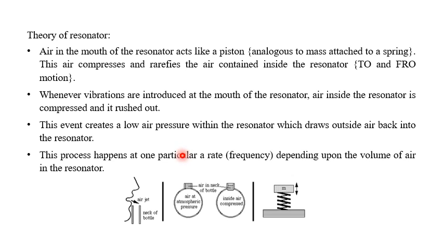But when it comes back to its original position, its momentum takes it on outside the body by a small distance. So slight air moves out. This rarefies the air inside the body, which then sucks the lump of air back in.